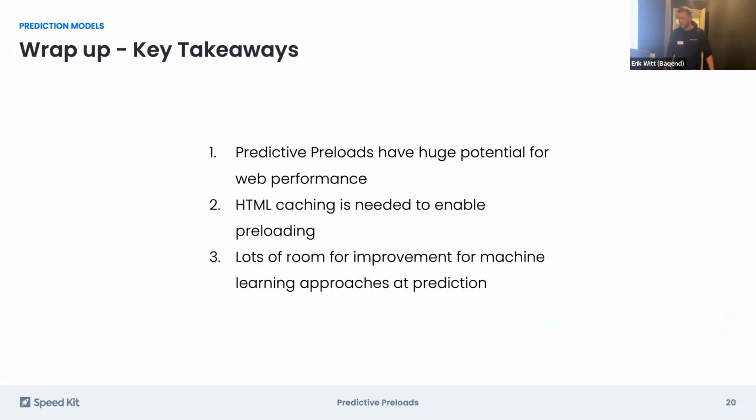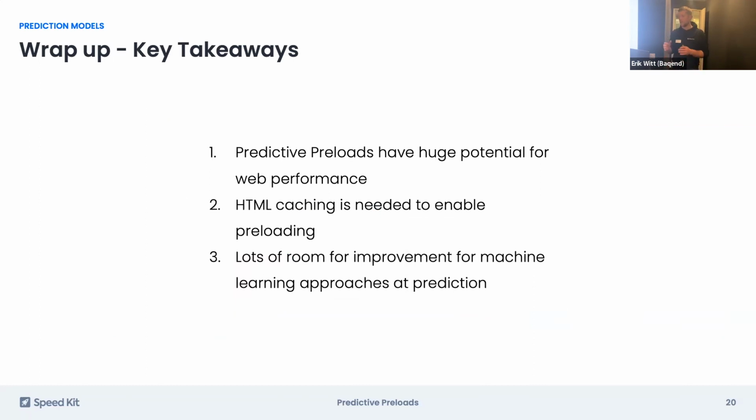So, a quick wrap up, 3 key takeaways, I would think. First of all, predictive preloads have huge potential, especially if you try to move towards instant page loads, which we as a company actually have as our long-term goal.